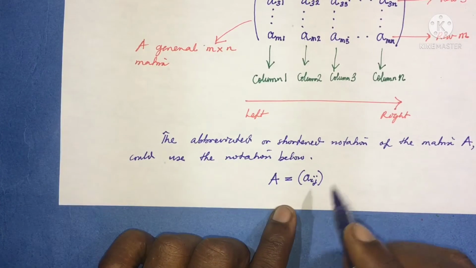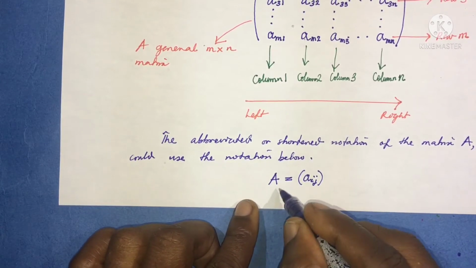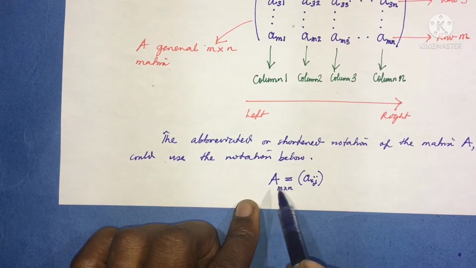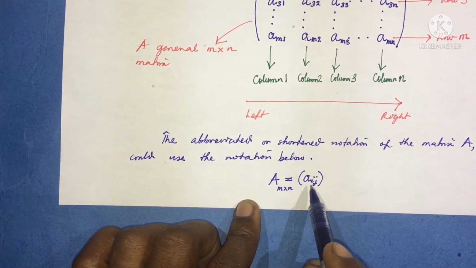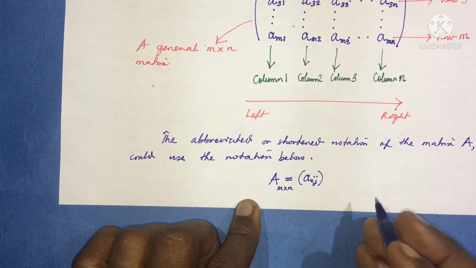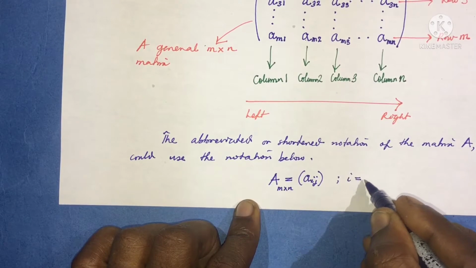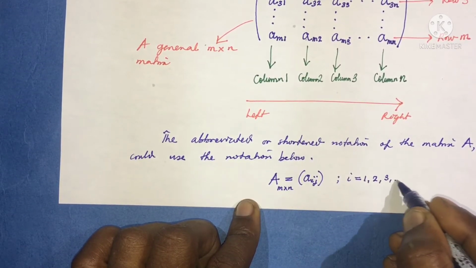Now, in this notation, note what I am doing. I will write the matrix A, and I will put the order of the matrix. A_m×n equals (a_ij), a matrix containing elements a_ij, and I will now specify where i runs from 1, 2, 3.